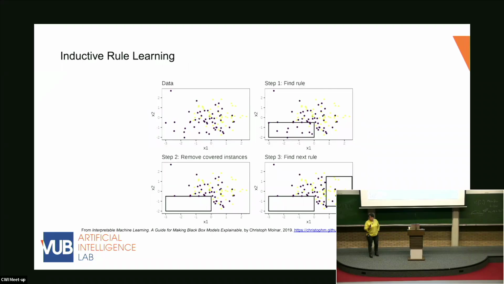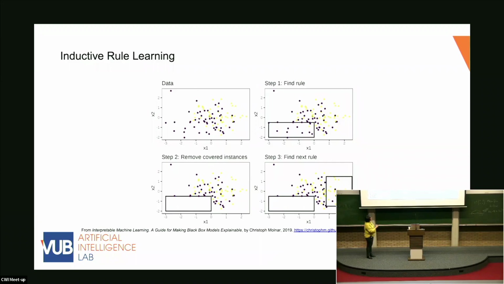So I first briefly explain how this rule mining works, because you might not be familiar with it. Most rule mining algorithms, not all, but the majority, would work like this. You would have data of two classes. A rule mining algorithm would try to identify an area of only, in this case, purple dots.